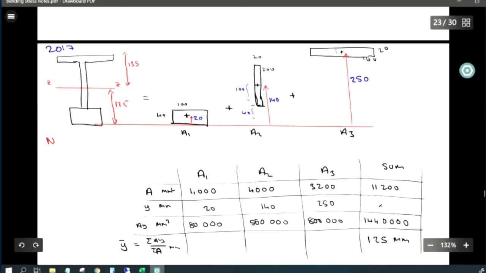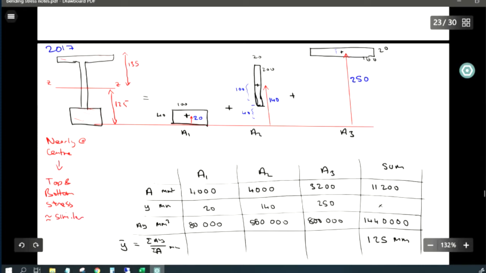So it's nearly in the middle. The long, sort of thinner part at the top is roughly having the same effect as the short, thicker part at the bottom. So it's nearly in the middle. So that means the top and bottom stresses will be roughly similar. It won't be the same.